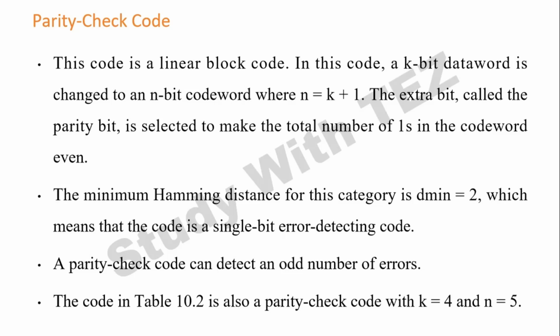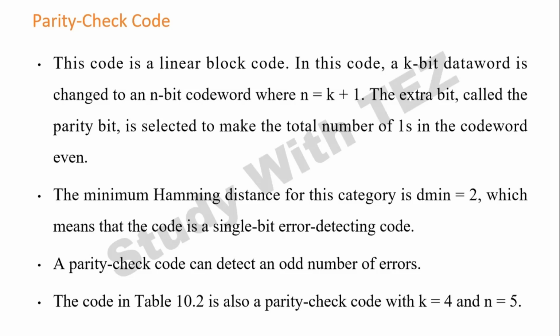That extra bit is called the parity bit, and it is selected to make the total number of ones in the code word even. Suppose the data word already had an even number of ones, then the parity bit you add will be 0. If the data word had an odd number of ones, then the parity bit will be 1, so that after the parity bit has been added and it is made a code word, that code word will always have an even number of ones. So this is the basic idea of the parity check code.